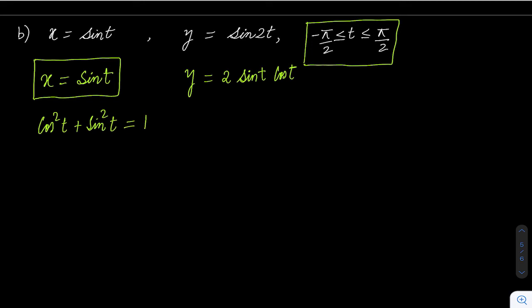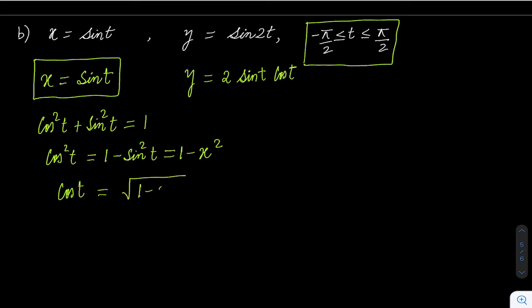We know this. So if sine t is x, what is my cos t value? Cos square t will be equal to 1 minus sine square t, that is 1 minus x square. So my cos t value will be nothing but square root of 1 minus x square.